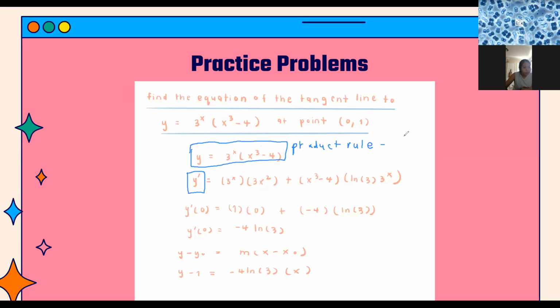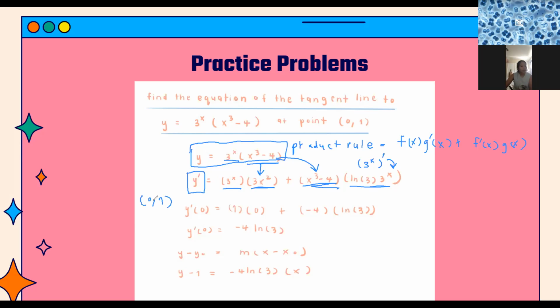So the product rule says, we keep this the same, and I find the derivative of this to be this. I keep the second thing the same, and I take the derivative of 3x to be this one. All right, so now we already have the derivative equation. You guys have any question until this point? No? Good.